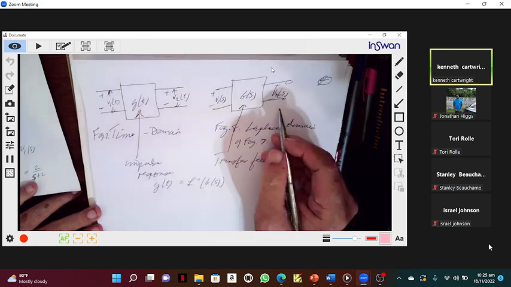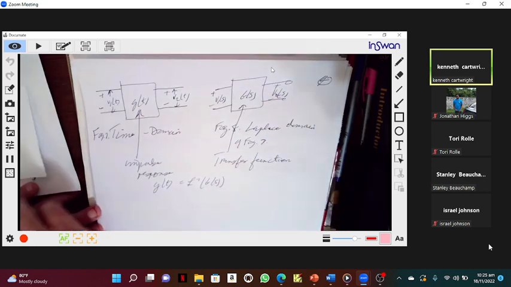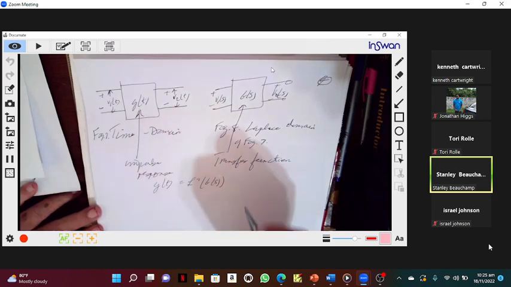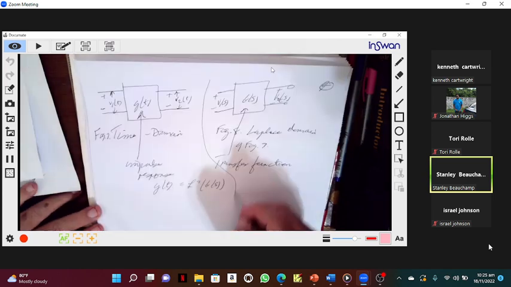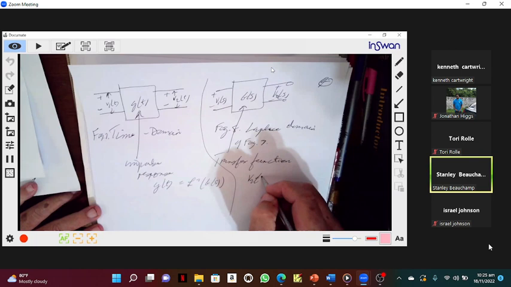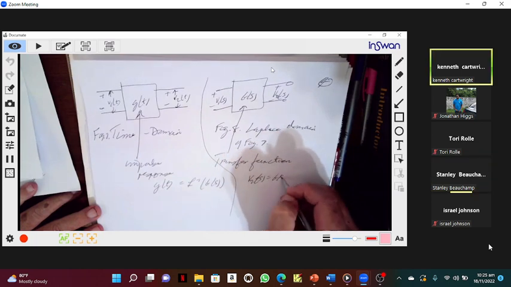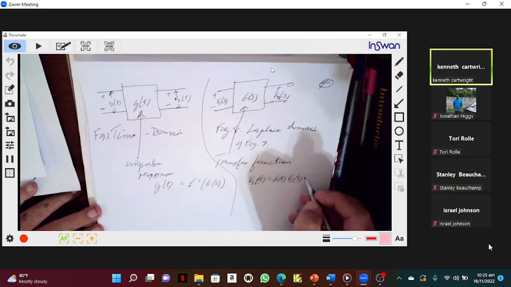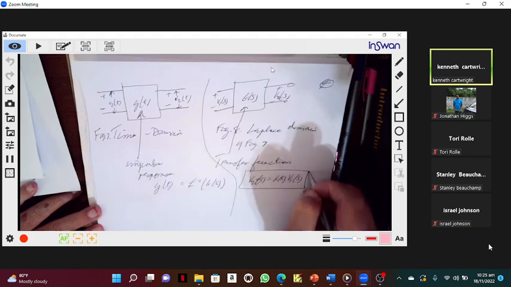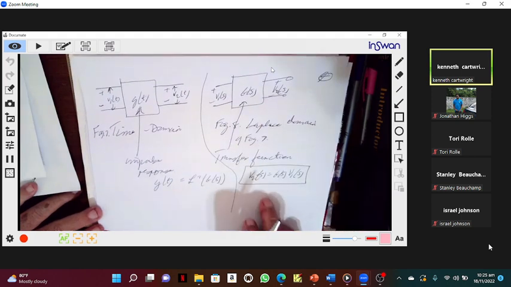How is V2 of S related to V1 of S? V2 of S is the transfer function multiplied by V1 of S. That's the key. You must always remember this.